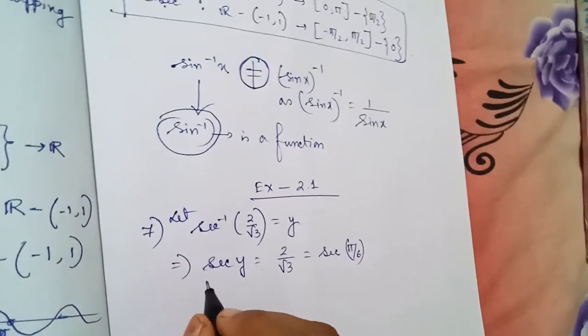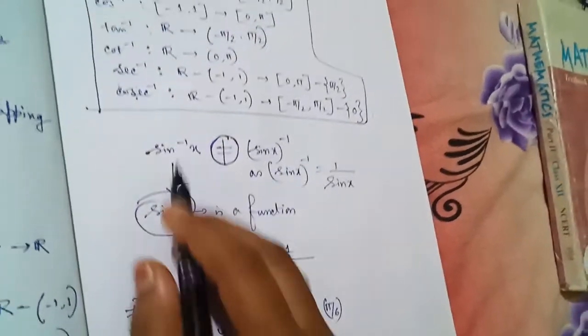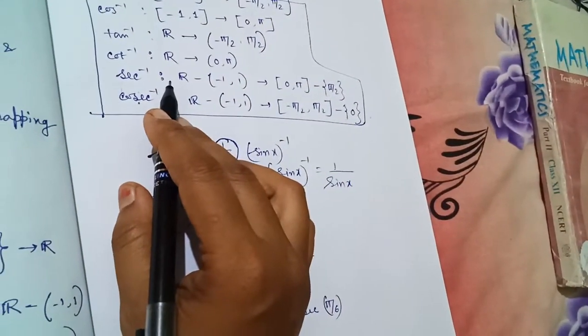Now we need to look at the principal value branch of sec inverse. What is the principal value branch?